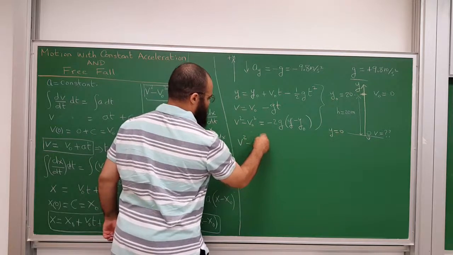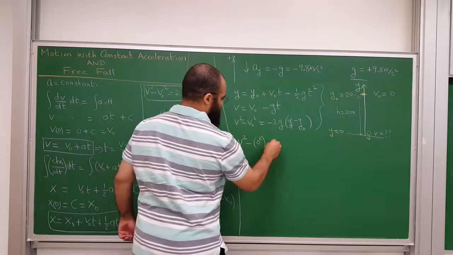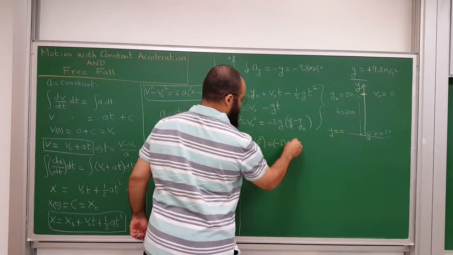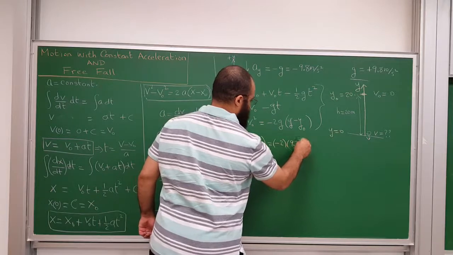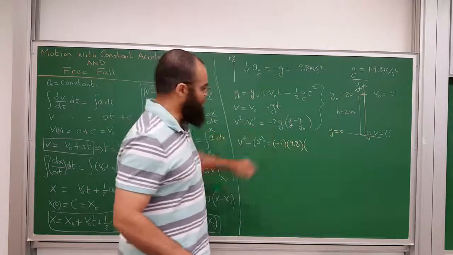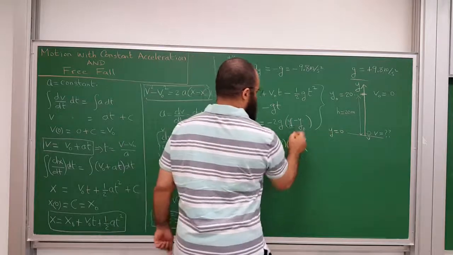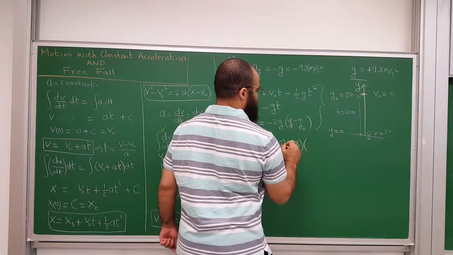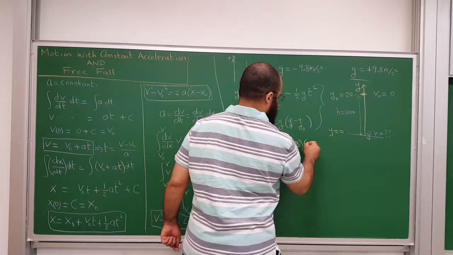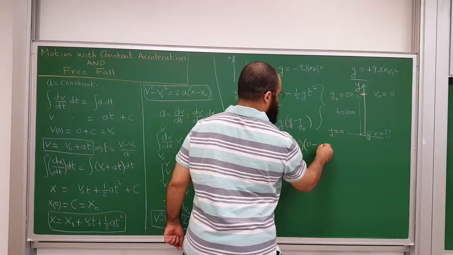So it says, v squared, I don't know what it is, minus v initial, which is 0, squared, equals minus 2 times g. g is positive 9.8. Again, the fact that it's downward, we took care of it by putting a minus sign here. And then y final minus y initial. y final is at the bottom, so it's 0, minus y initial, which is 20.